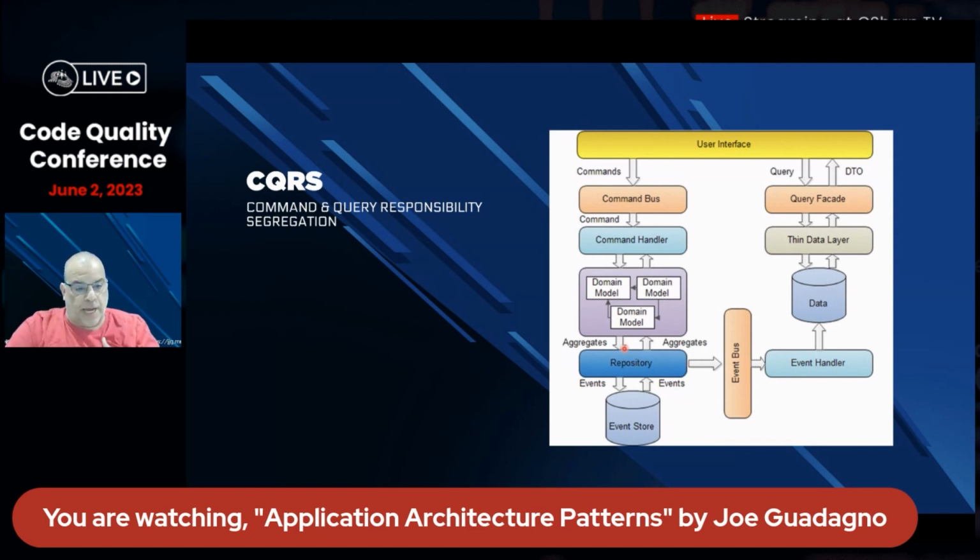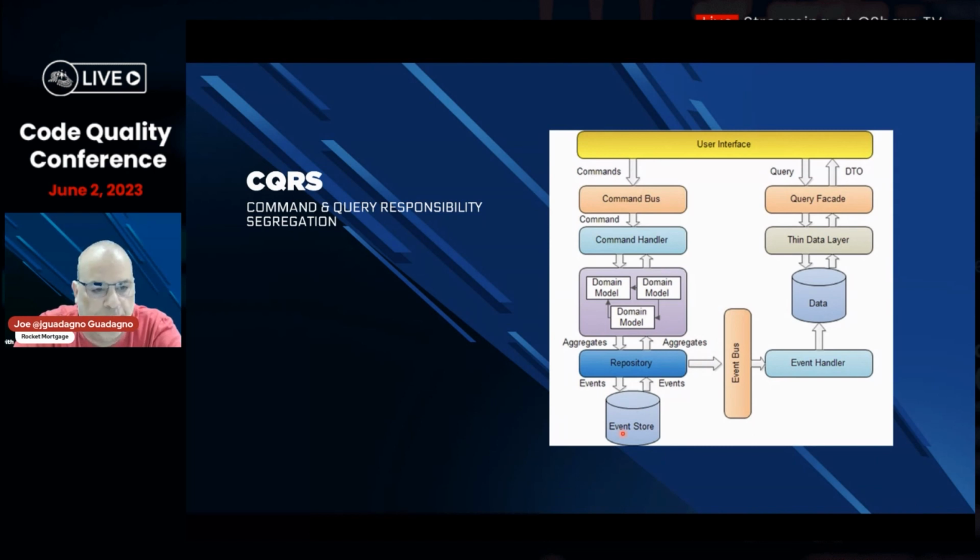When that storage happens, though, there are two things that also happen. There is the event store. So the message or the command is stored so it can be played back at some point in time for the event of disaster recovery or some outage that you have to kind of replay the history of things.